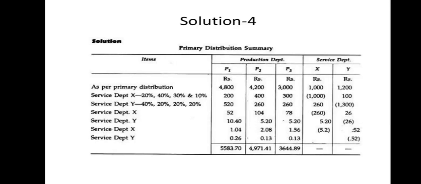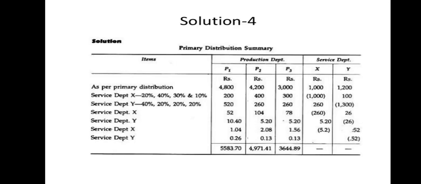The expenses of service departments are charged on a percentage basis, which is as follows. So, whatever apportionment of service department costs is there, should be distributed on the basis of percentages. So, the percentages are given. Let us focus on it.